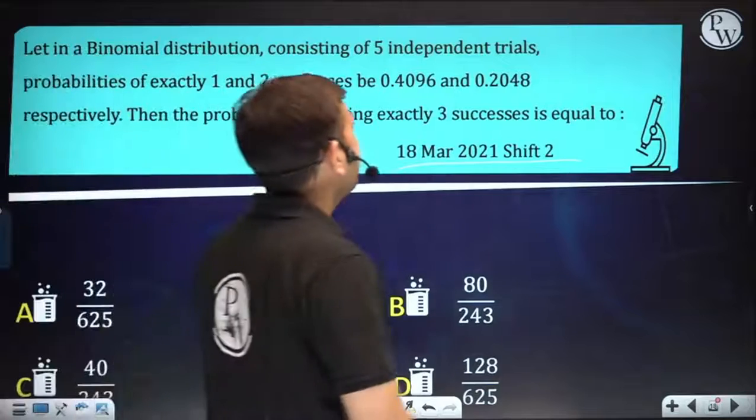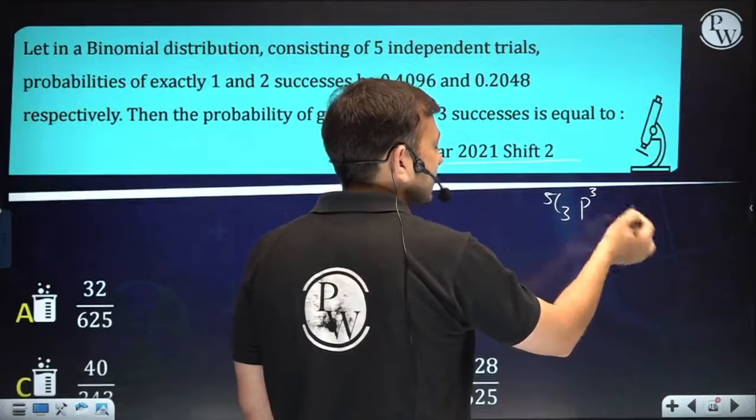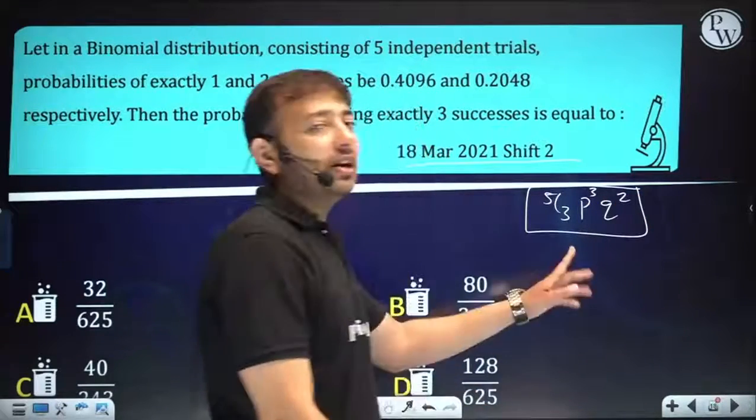Now, exactly 3 successes means 5C3 p to the power 3 q to the power 2. They're asking the value of this.